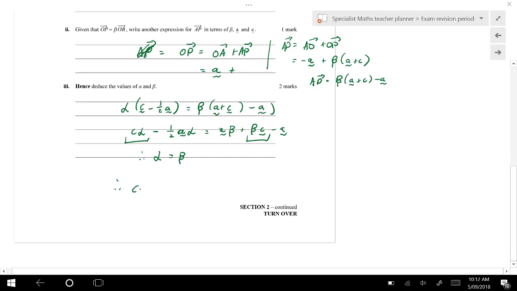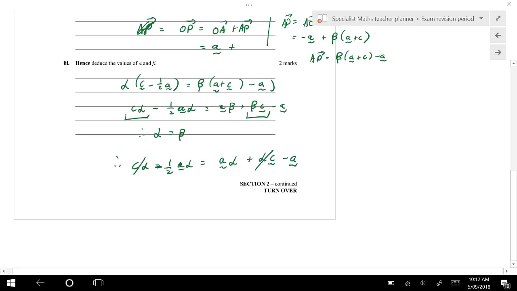So therefore, we've got C alpha minus half A alpha is equal to A alpha plus alpha C minus A. Yep, cancel out the C's.